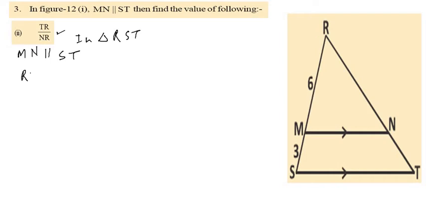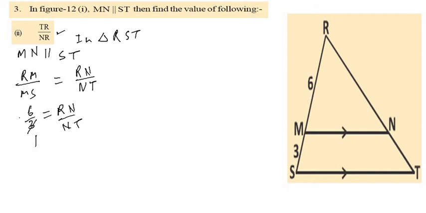That will be RM upon MS will be equal to RN upon NT. Now you can put the value. So RM is 6 and MS is 3. So it is RN upon NT.